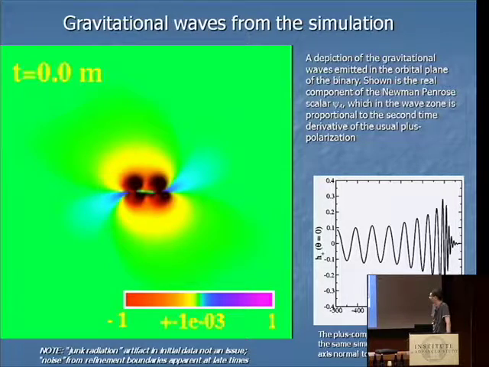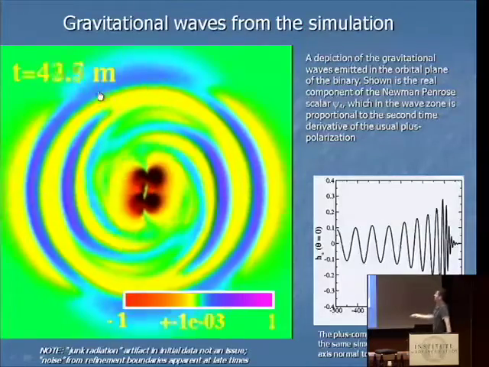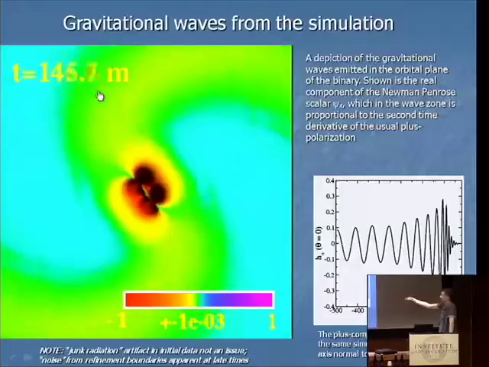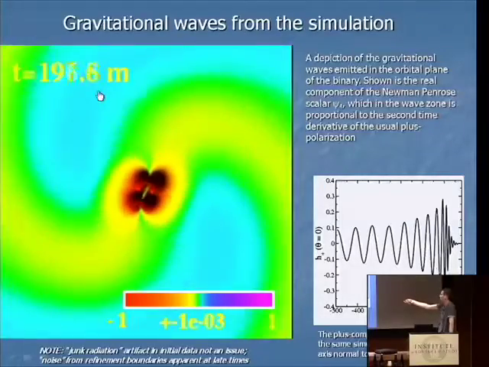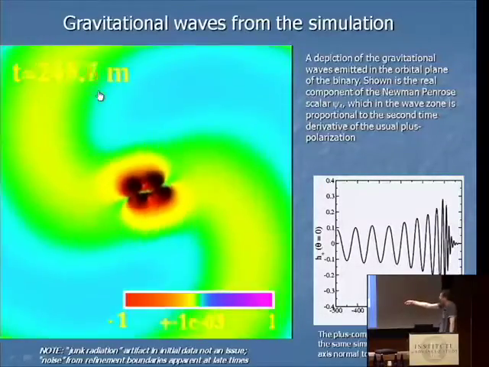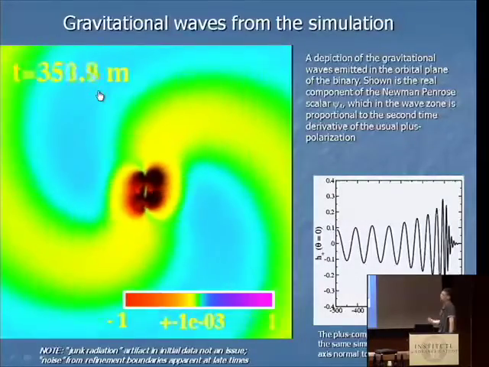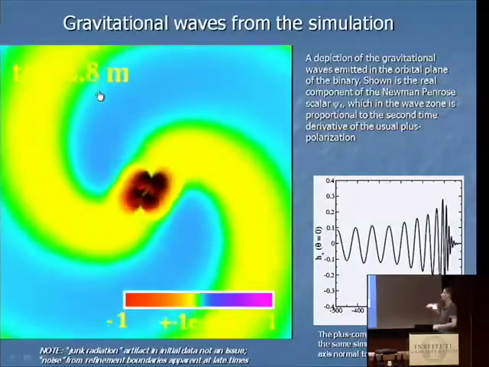Then towards the end of the simulation, on this logarithmic scale, you'll see noise, and that's coming mostly from refinement boundaries. But yes, that burst of radiation is junk. It's real, but it's not astrophysical. Now the binaries are orbiting, and these huge lobes are the actual gravitational wave emission produced by the motion of the binaries.